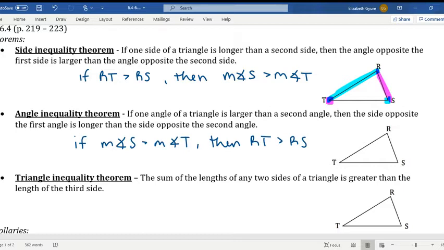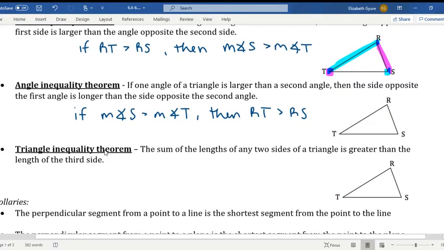Okay. Then we have the triangle inequality theorem. And it says that the sum of the lengths of any two sides of a triangle is greater than the length of the third side. What this theorem is basically telling us, or what it's making a rule for, is if you have a triangle, only specific side lengths will actually work.